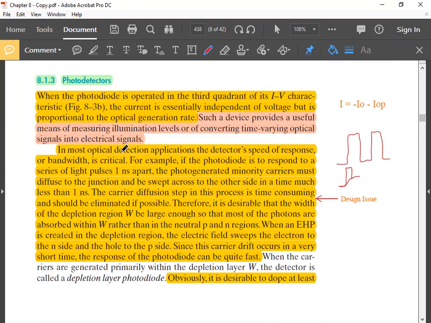In most optical detection applications, the detector's speed of response or bandwidth is critical.